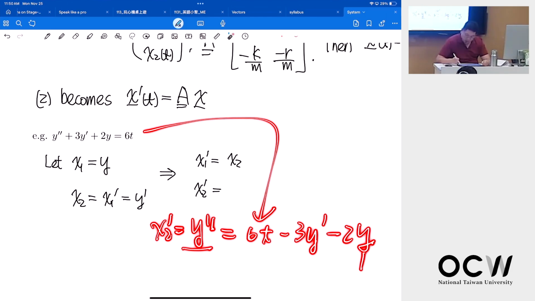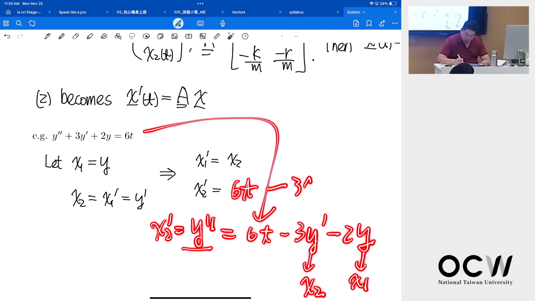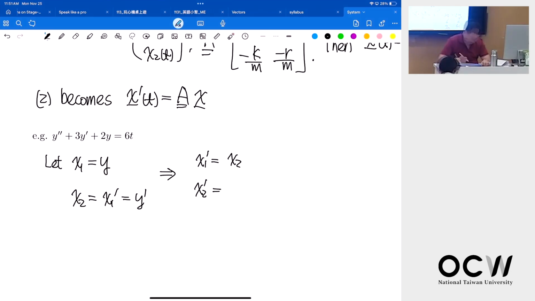And y is x1, y prime is x2. So here I should have 6t minus 3x2 minus 2x1, which is minus 2x1 minus 3x2 plus 6t.